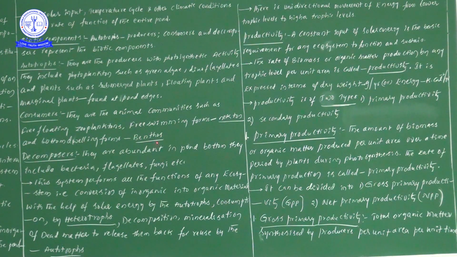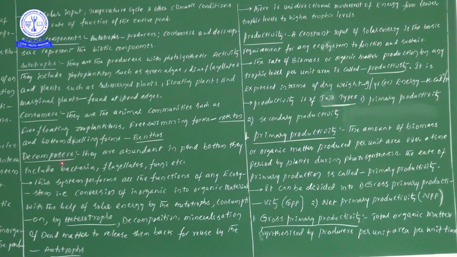All these members are included under animal communities, and all come under consumers. Consumers definitely depend on the autotrophs for receiving food materials.